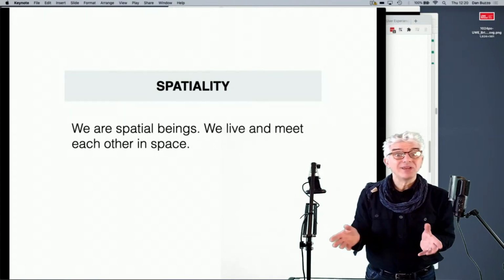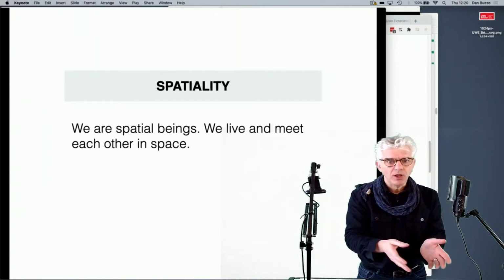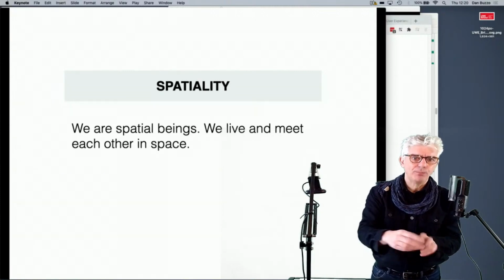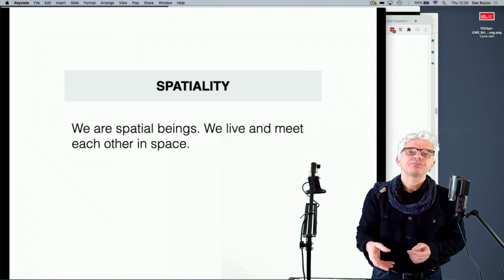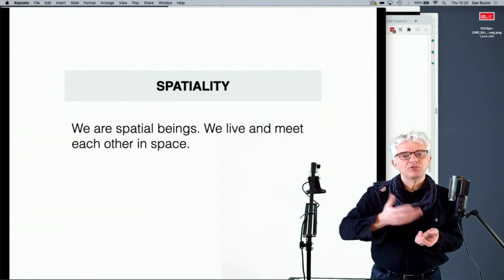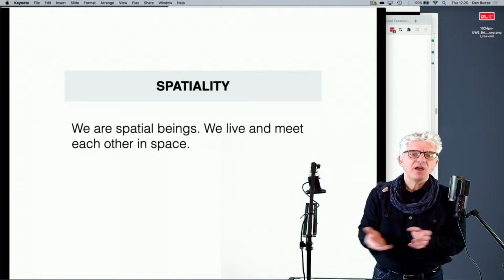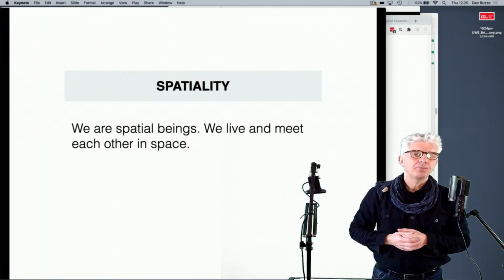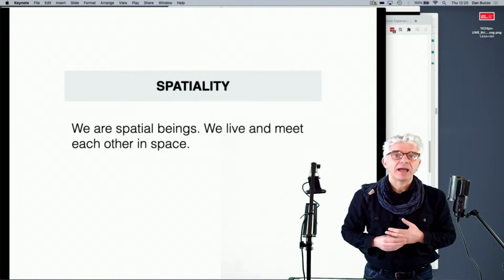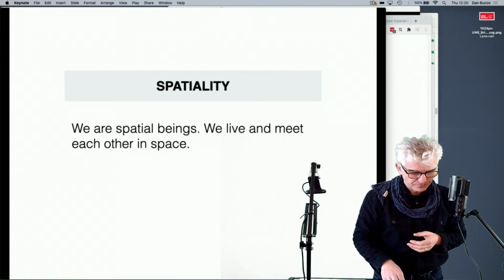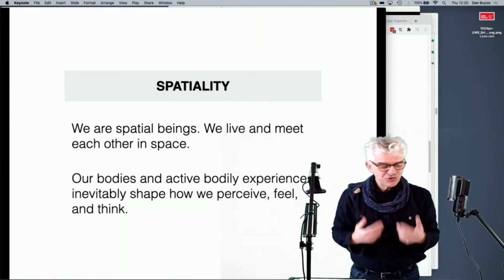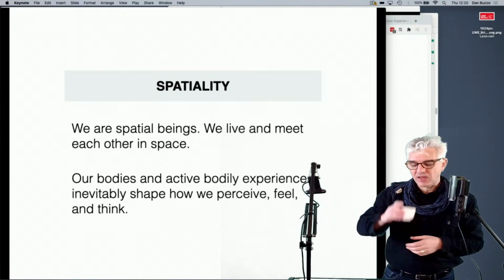Not imitating a 3D environment, putting a hallway and some stairs on screen and having a virtual avatar body that moves around inside a house, but making things conceptually congruent, so that it's clear that this function links to that function and there are discrete spaces, but it's consistent as an internal model of logic about how activities work. And our bodies and active bodily experiences shape how we perceive, feel, and think.